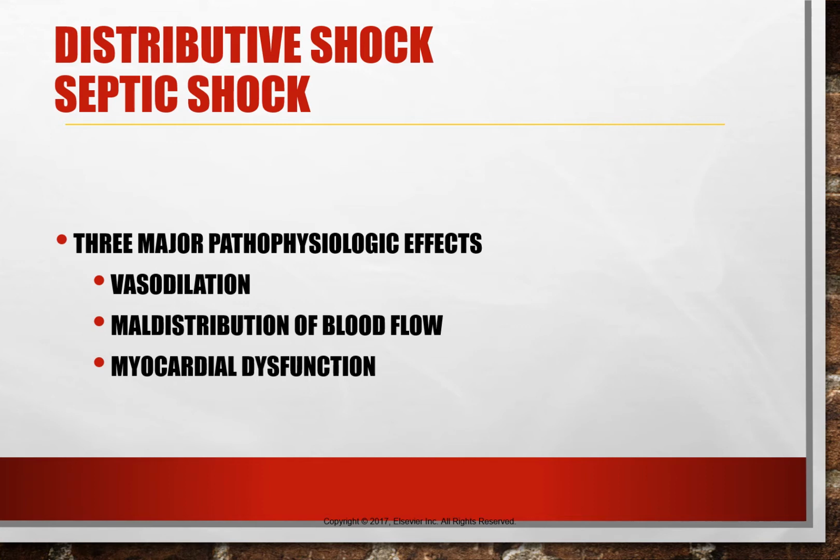So major effects of this: we have massive vasodilation, maldistribution of blood flow. We'll see some shunting of the blood to the lungs and the heart, and then ultimately myocardial dysfunction, tachycardia, hypotension.